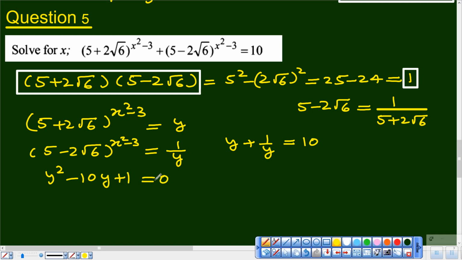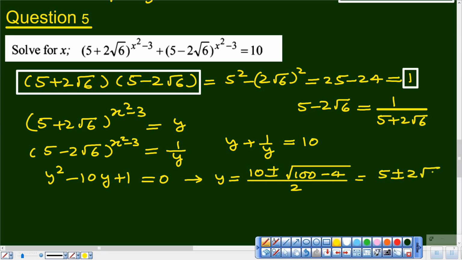The solution will be y is equal to minus b, that is 10, plus minus square root of b square minus 4ac, b square is 100 minus 4 into a into c, which is 4, upon 2a, and 2a is 2, which is of course 5 plus minus 2 root 6.